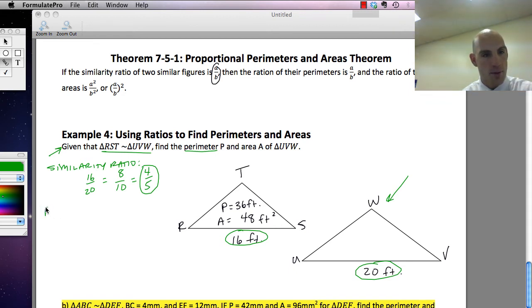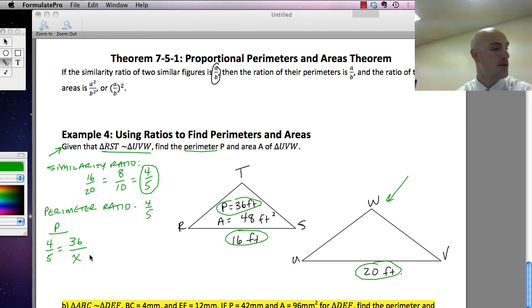But I know that the perimeter ratio is also 4 over 5. So for the perimeter, I know that 4 over 5 is equal to the perimeter of the little one, 36, over the perimeter of the big one, the perimeter of UWV.